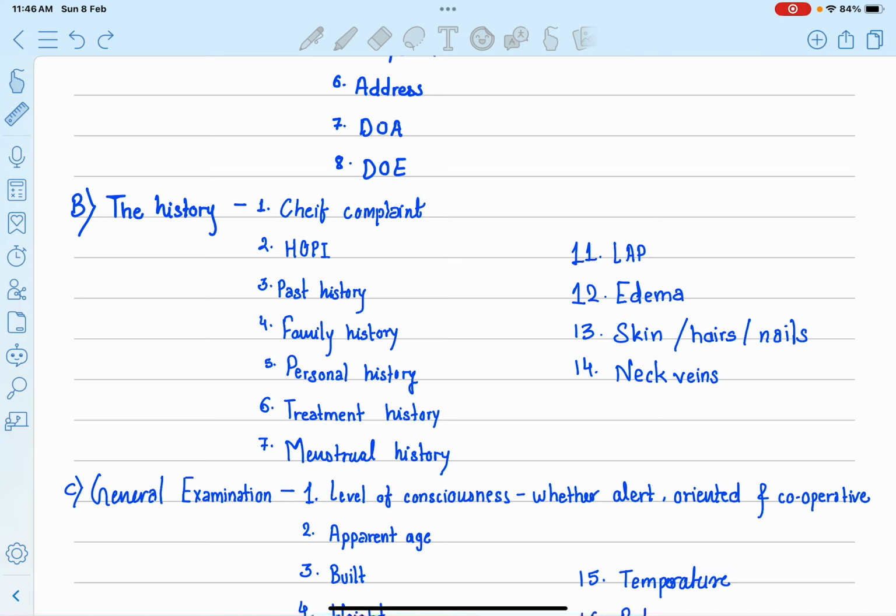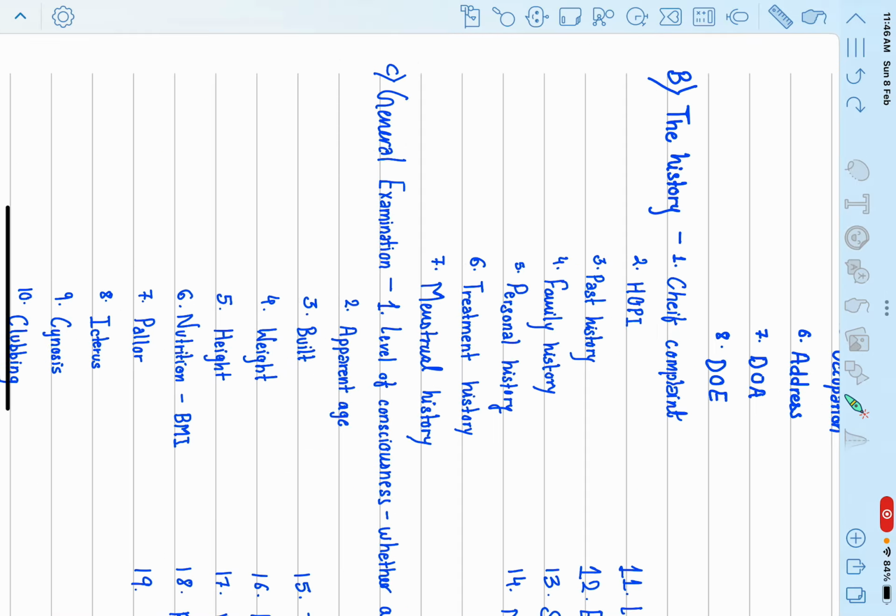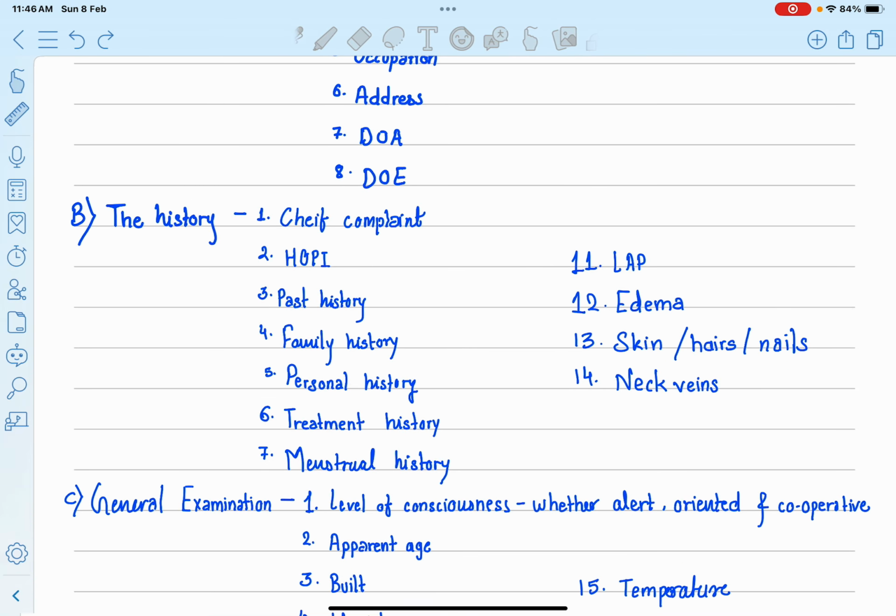Okay, then what is HOPI? HOPI is history of presenting illness, meaning what is the presenting illness of your patient. So in HOPI you should elaborate each chief complaint properly. You have to elaborate the individual chief complaint in a logical manner. Okay, so how to expand each chief complaint?